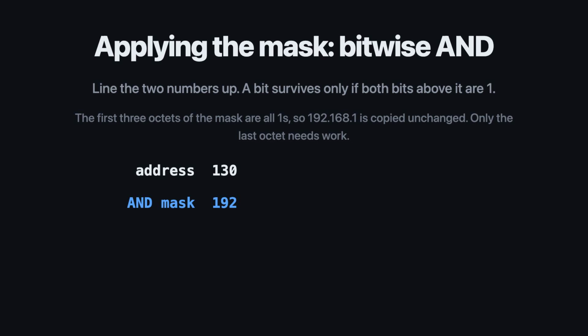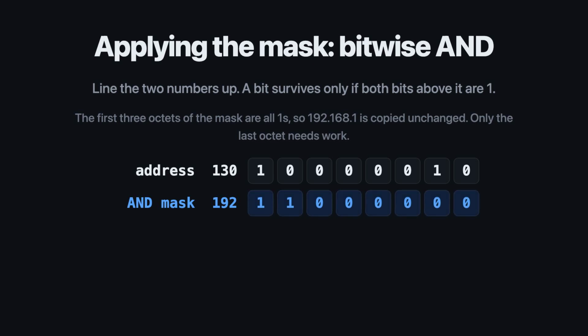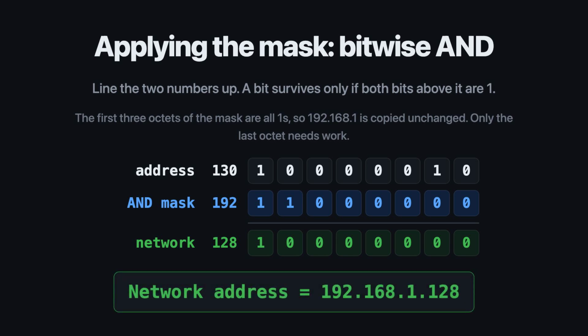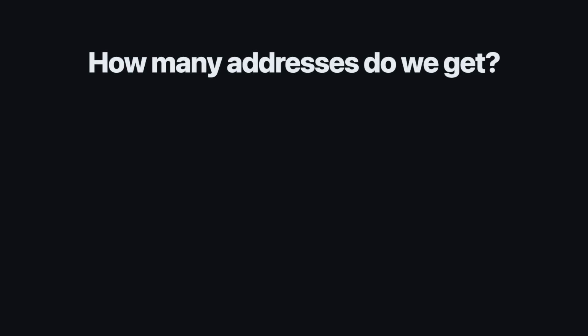Only the last octet needs work. 130 is 10000010. The mask, 192, is 11000000. Only the very first column has a 1 in both rows, so the answer is 10000000, which is 128. And there it is. The network address is 192.168.1.128.